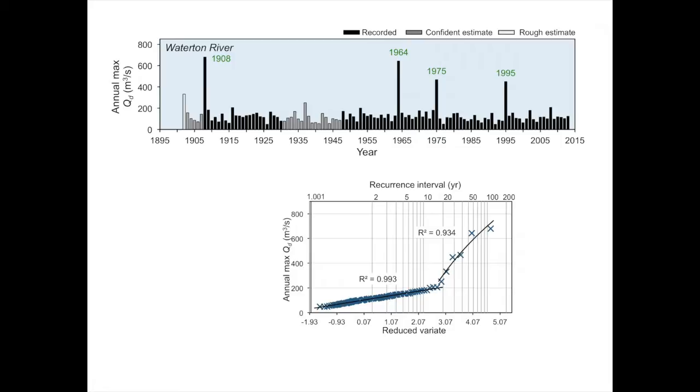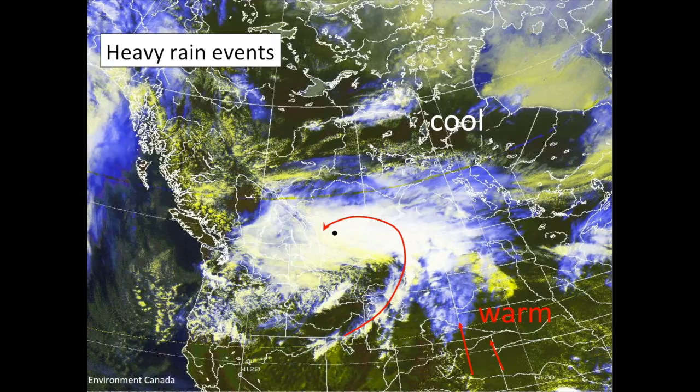And then what we have is, in fact, a separate relatively linear function plotted on a log scale relative to recurrence. So we have a complexity here. We have 2 separate populations or distributions of flood series. This complicates the modeling, this complicates the analysis. If we try to fit this broken stick or this dogleg function with a single description, it won't work very well.